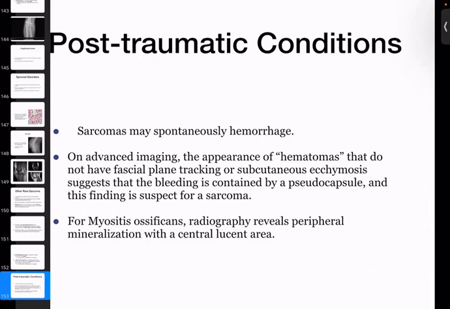Sometimes, very rarely, patients can have extraskeletal osteosarcomas. Myositis ossificans and extraskeletal or soft tissue osteosarcoma are very difficult to differentiate, even with open biopsy. It needs a very expert pathologist, and even then they struggle with that.